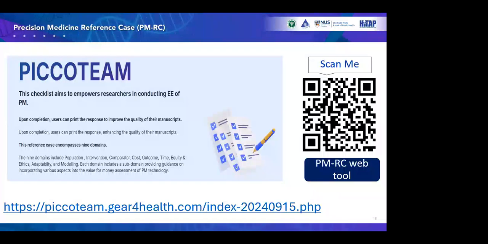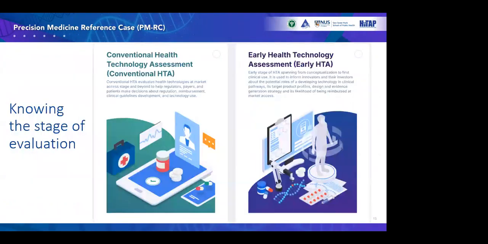If you have already scanned this QR code and come to this web page, you will first be able to make sure what type of health economic evaluation you are planning to conduct. There are two types of economic evaluation or HTA. The conventional HTA assesses the health technology, the PM, that is ready to enter the market, so it's at the market access stage.